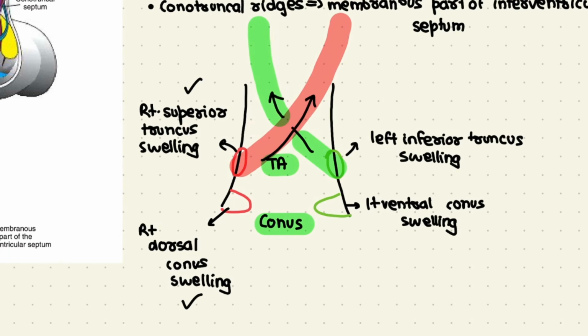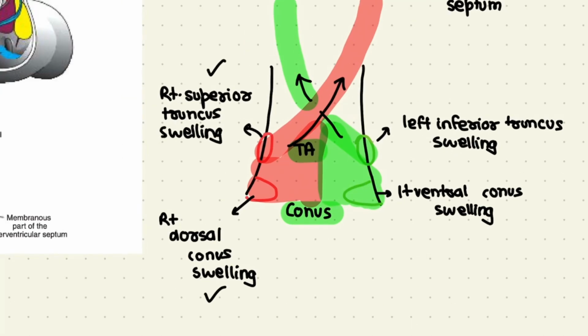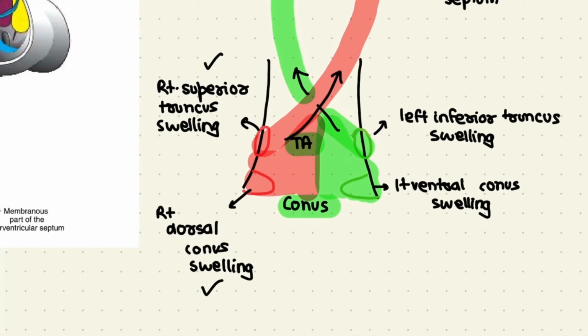And then the right dorsal conus swelling and the left ventral conus swelling will also meet midway, right, to form something that looks like this. We have divided this tract into two portions.